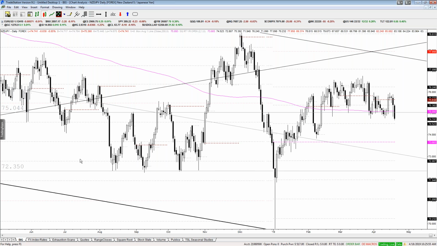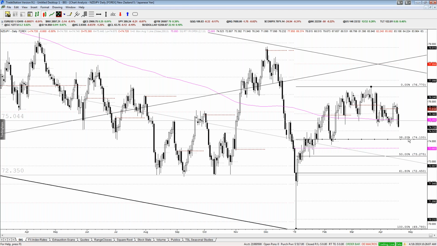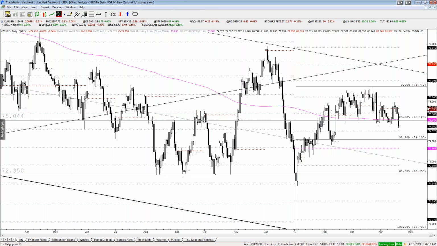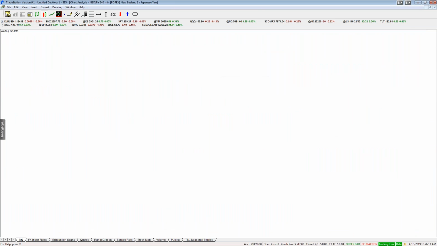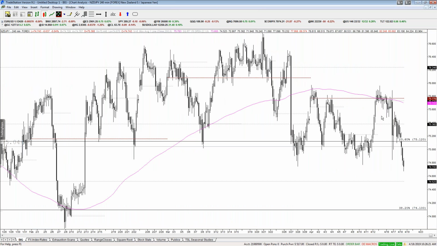The bigger level in Kiwi yen looks like it'd be more like 72.35, right? All those lows over here from late last year. That's also the 618. So on Kiwi yen, resistance should be up in the 75 to 75.15 area.